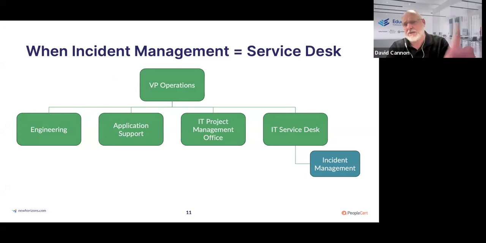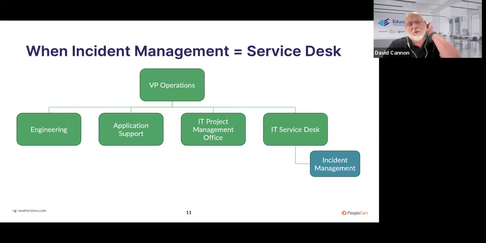I just wanted some boxes up here that broadly describe the kind of work that we do in IT. All right, so we have an IT service desk, and in this particular organization, they have allocated incident management to the service desk, and the service desk owns incident management. That's it. And we have this scenario here.